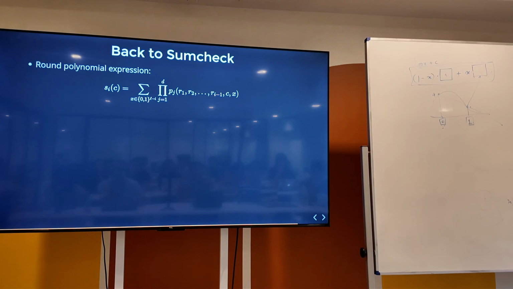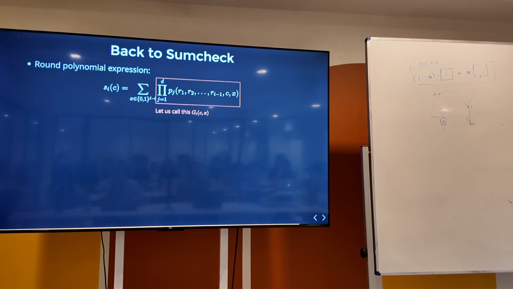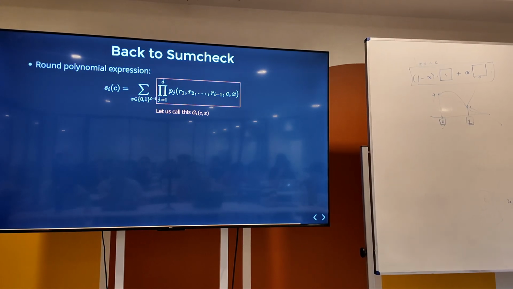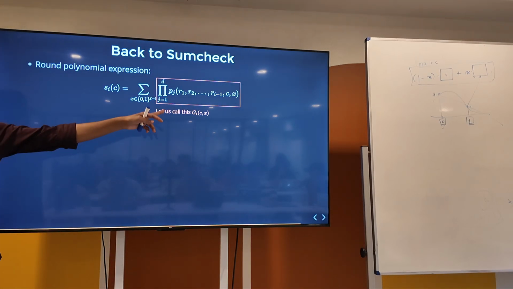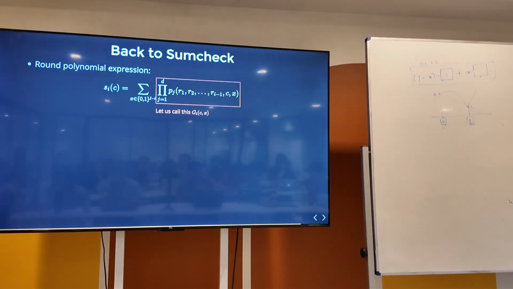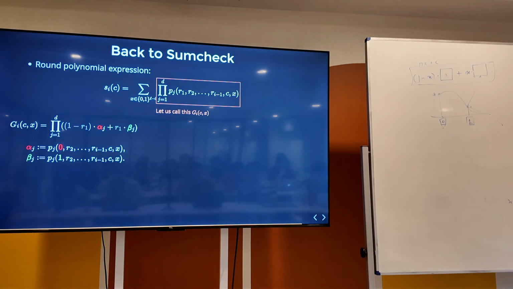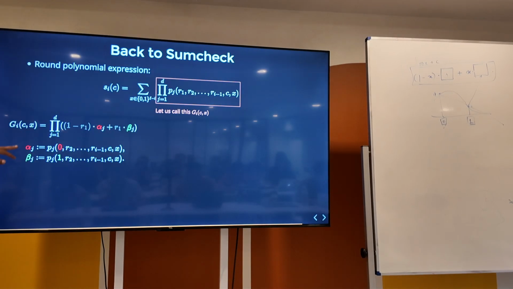So going back to Sumcheck, how do we plug this in? We want to compute this product of d polynomials. Effectively we can just think of it as this form, just substitute alpha j and beta j instead of these large polynomial expressions.